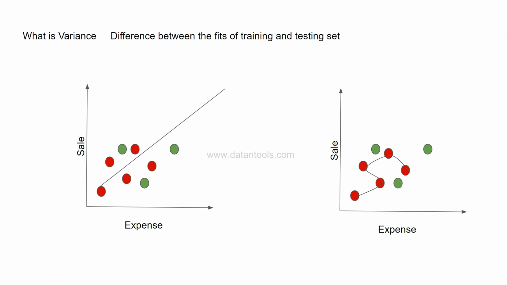There has to be some variance, some bias, which is a true representation of all the data points, and we should accept that bias so that whenever we are showing the unseen data points like these three green data points, then our model should be able to predict and have low variance even in that case as well.